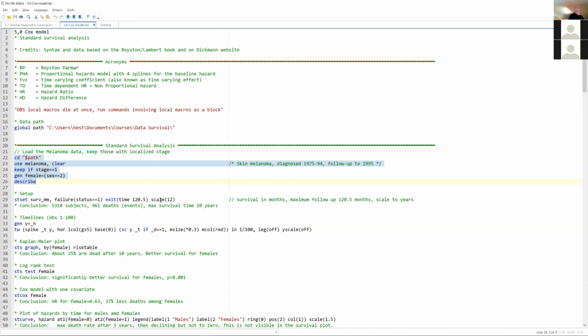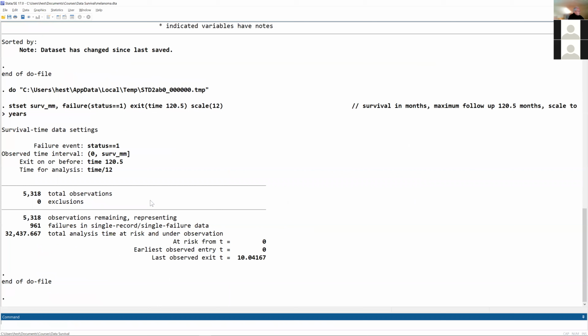And then we would scale from months to years by putting in a scale of 12. Let me run that. And now we see everything that we set up over here. We have 5,300 observations, 960 failures. So those are people dying along the way. And we have time ranging from 0 to a bit over 10 years.